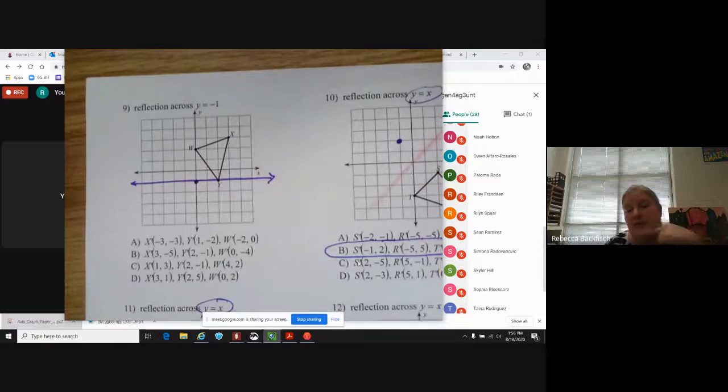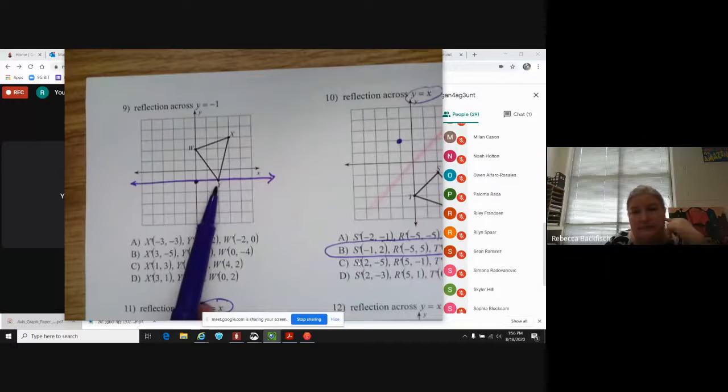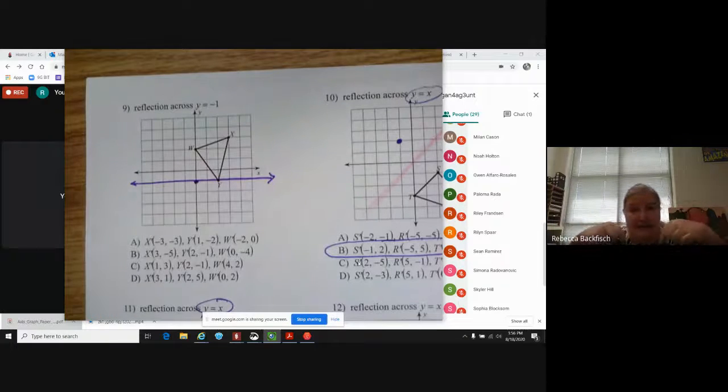Now, another important thing that happens in this problem is we have a point that's on the line. Important thing to know is every time you have a point on your line of reflection, remember the whole idea is however far it is away from the line of reflection, it's going to stay that far away. If it's on it, it's not going anywhere. So every point that is on the line of reflection stays put.